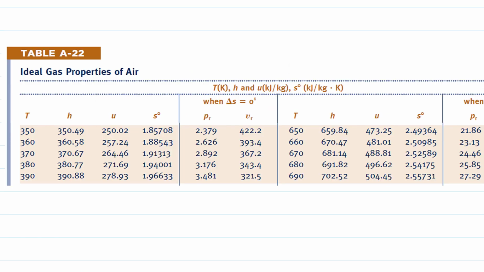But take a look at table A22. Entropy is not given. Instead, standard entropy is given. For ideal gas, entropy is not only a function of temperature, it is also a function of pressure ratio.